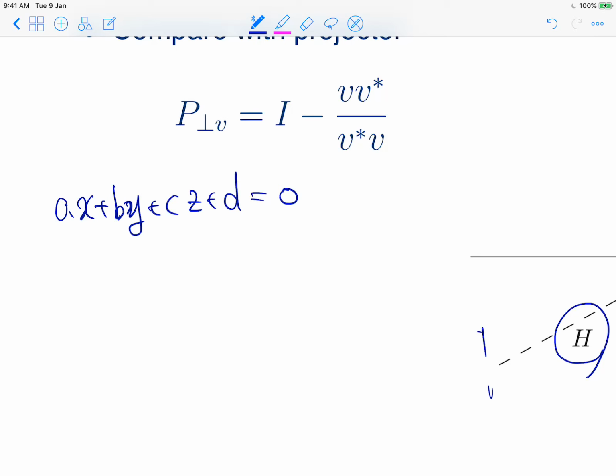Ignoring d, because d is the intercept that moves our hyperplane in parallel, let's simplify it as having 0 for the value of d, and it is represented as a, b, c and x, y, z.